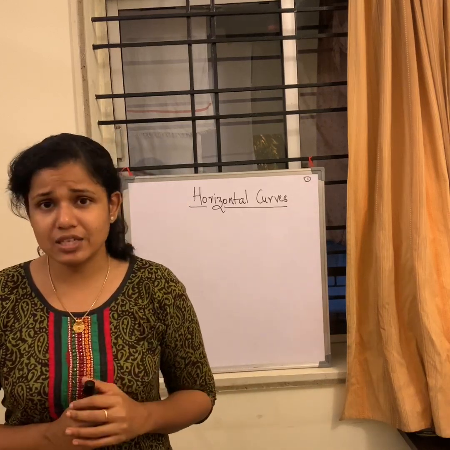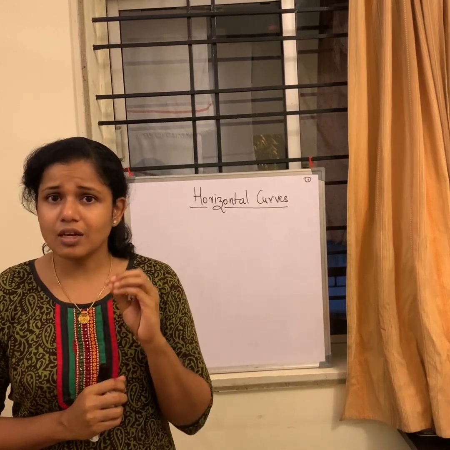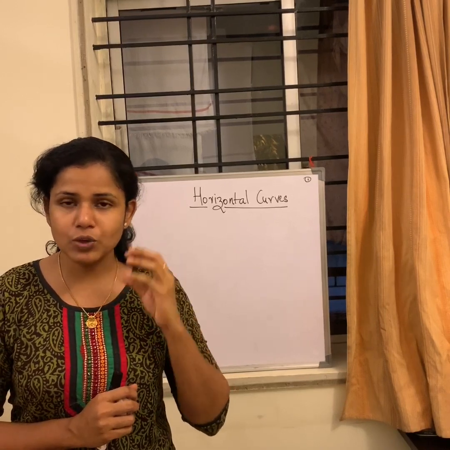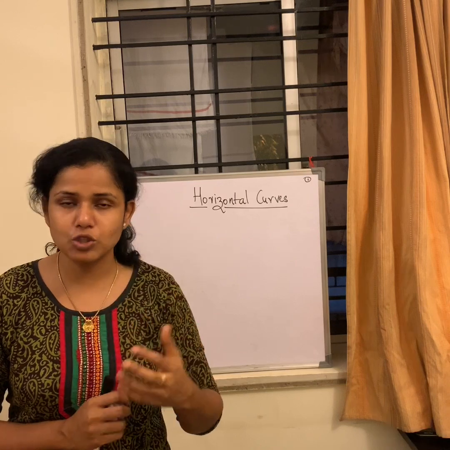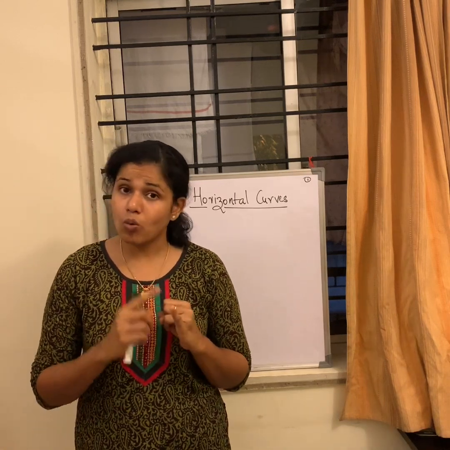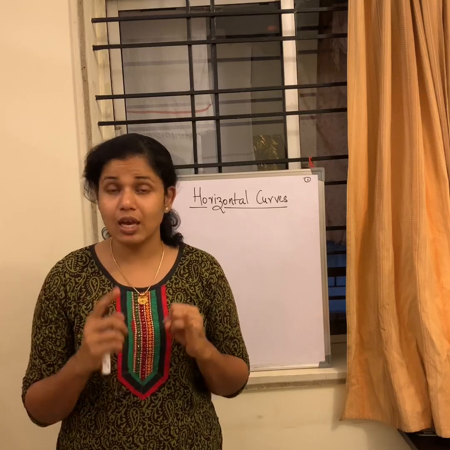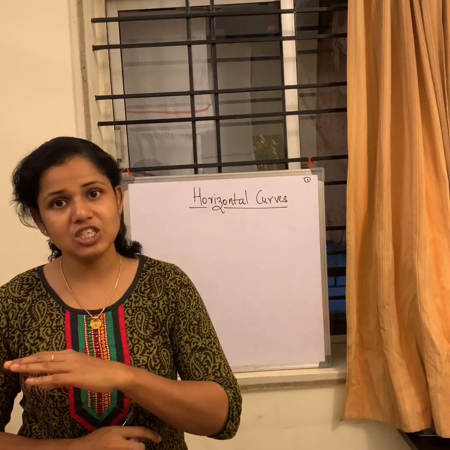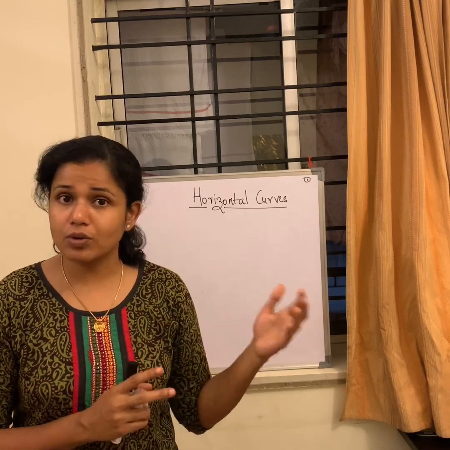Now let's recall the factors we discussed. There are a couple of elements whose depth you need to understand for the geometric design aspect. The very first of it was the design speed. What is the speed at which you are traveling? For that you should have knowledge about your terrain condition as well as the type or class of the road.